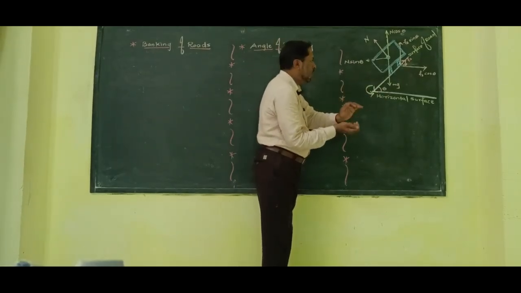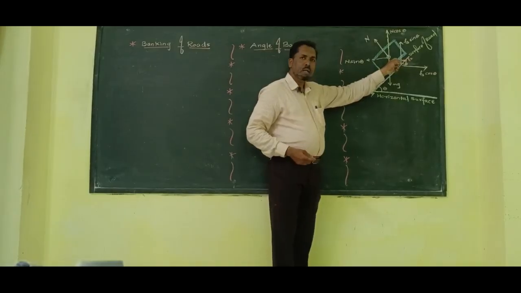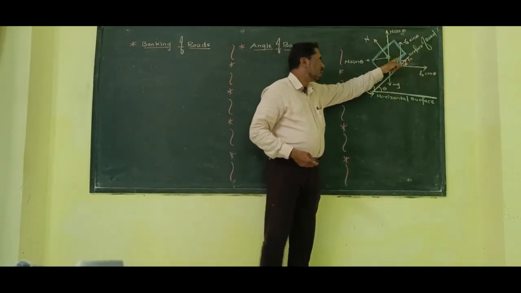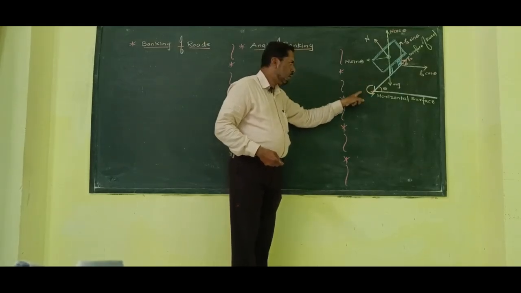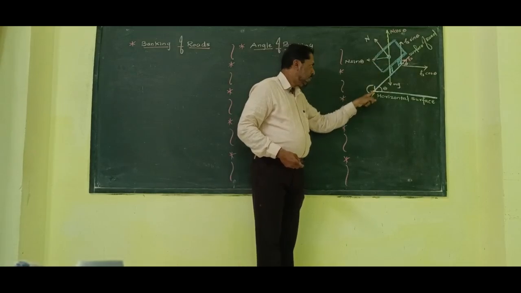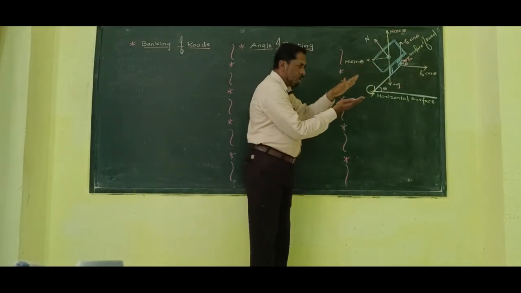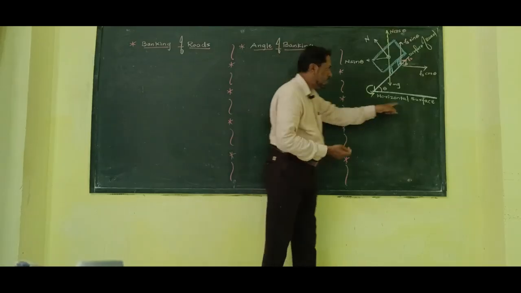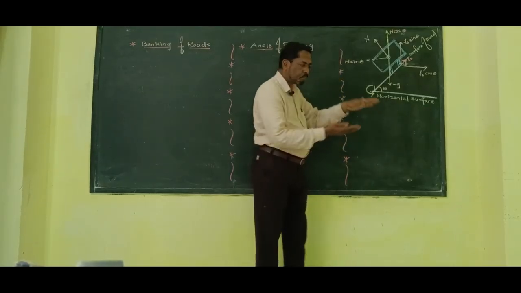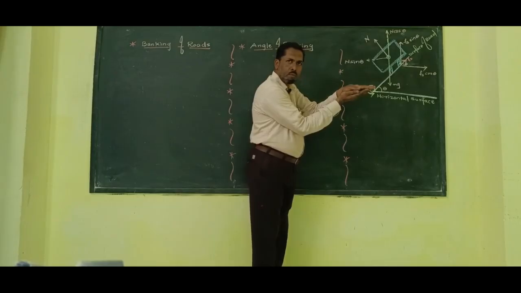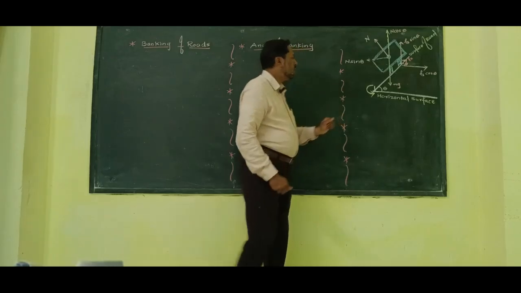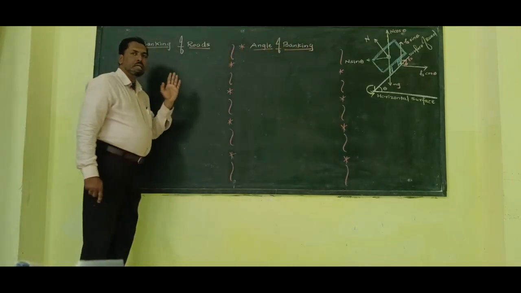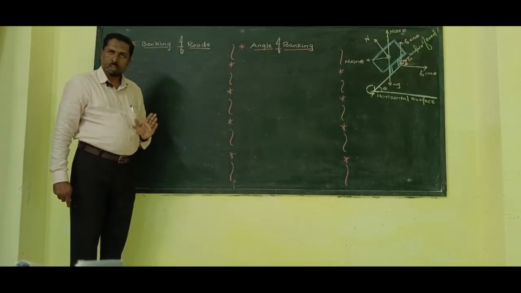What we are observing here in the figure is that whenever a vehicle is moving on the surface of the road, at the turn or at the curve, it is kept inclined to the horizontal surface, due to which the upper surface of the road is at an upper level than the inner. It is called banking of roads.